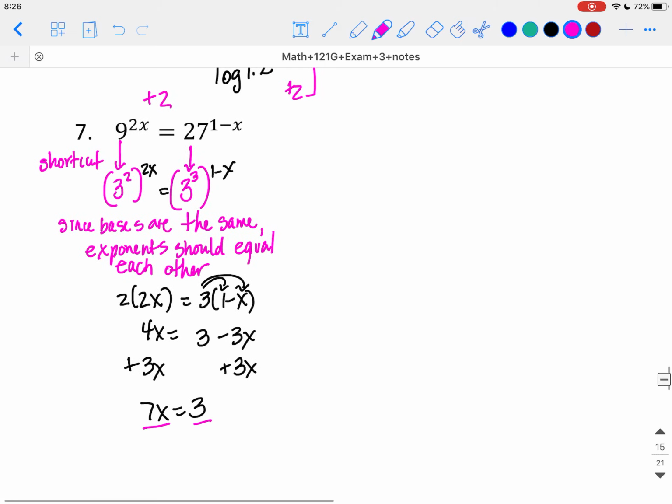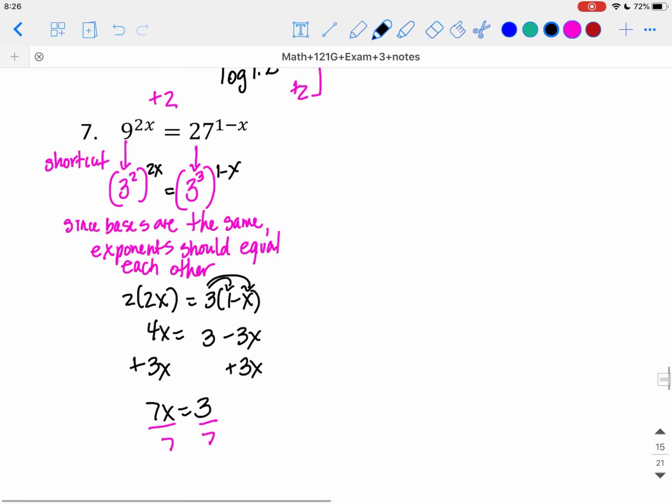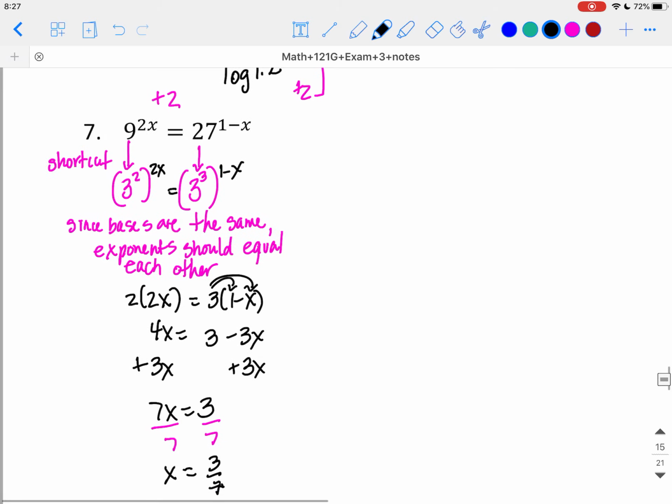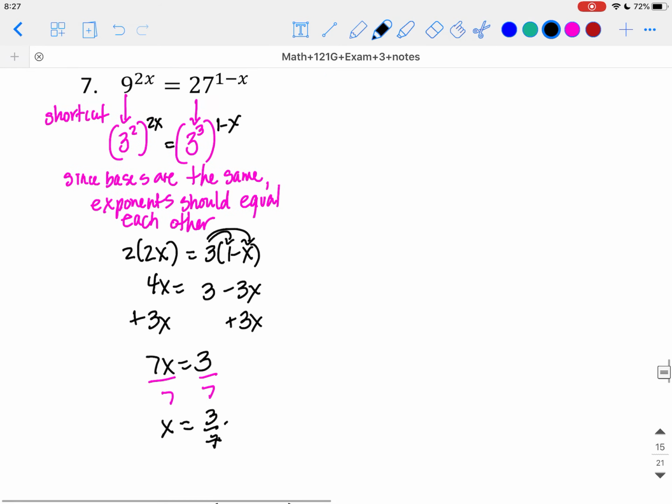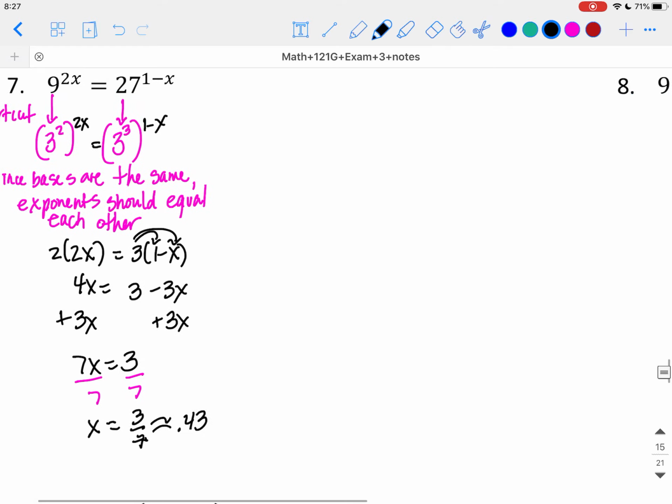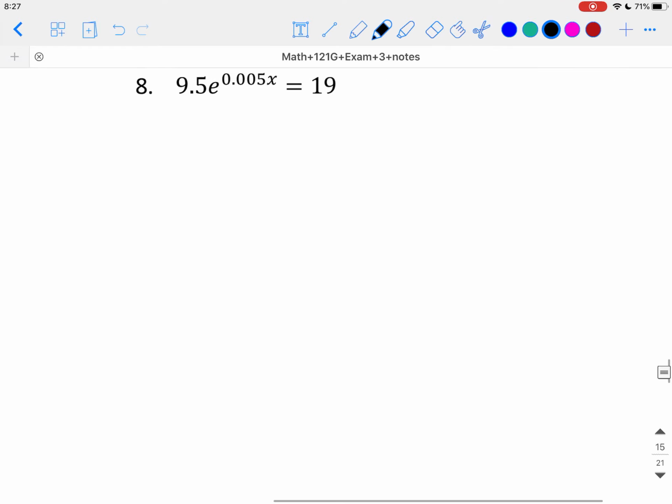And I get 7x is equal to 3. Divide both sides by 7. And we get x is equal to 3/7, which is approximately 0.43. Number 8. Hang tight.